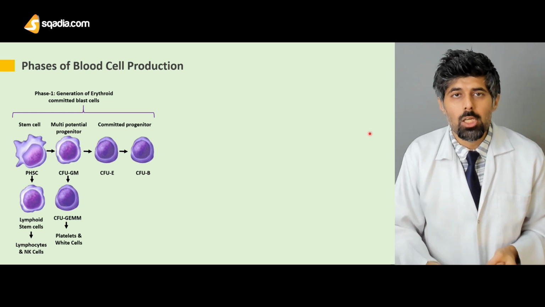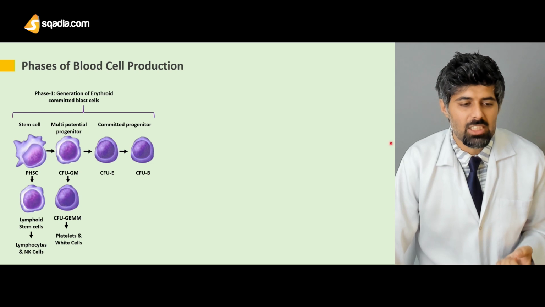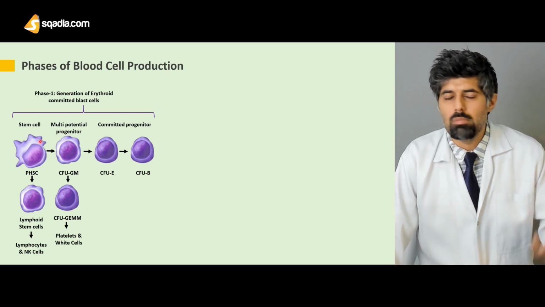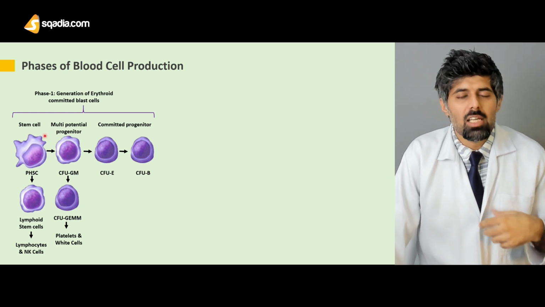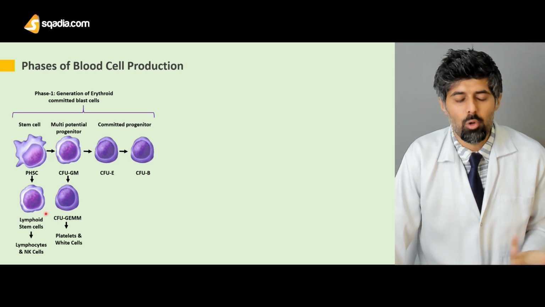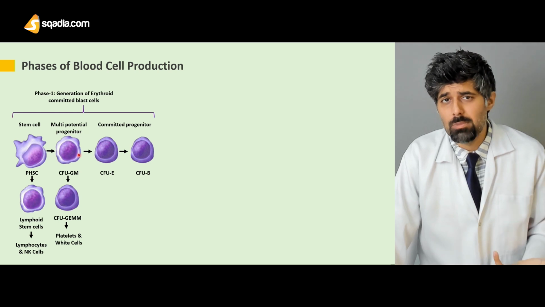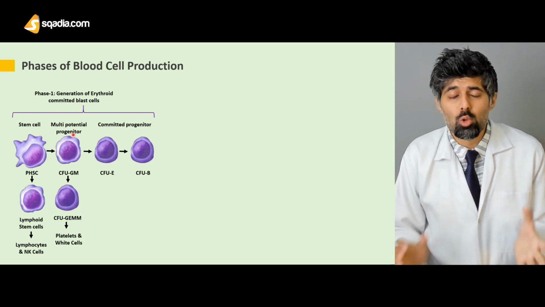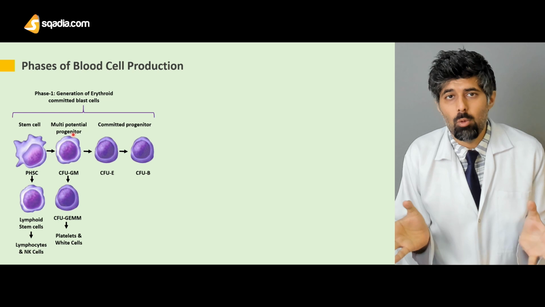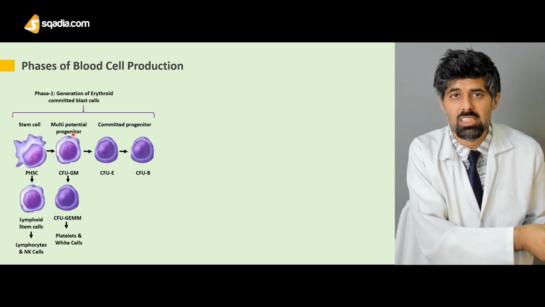So, if we were to incubate, let's say, a stem cell in a laboratory condition, it can give rise to both lymphoid stem cells or the CFU-GM stem cells, because both of these lines can be found after the division of the stem cells.